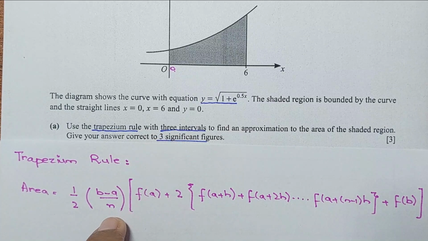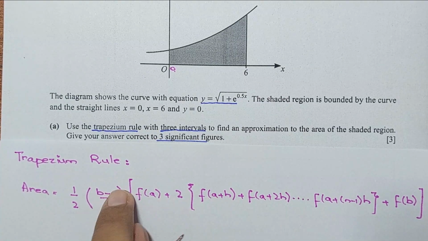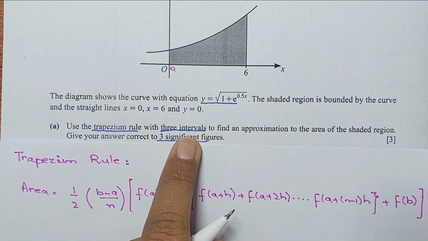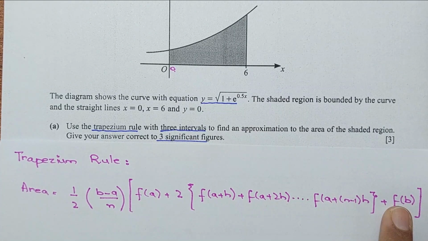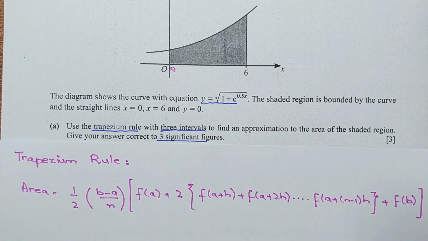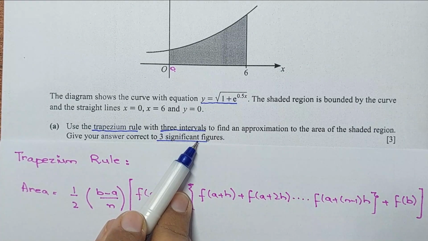With 3 intervals, so n value is 3, right? And what is h? h value is b minus a over n, right? For 3 intervals, you have to solve the first value, the middle two and the last value. So basically, when the intervals are 3, you have to solve a total of 4 values, one more, right?